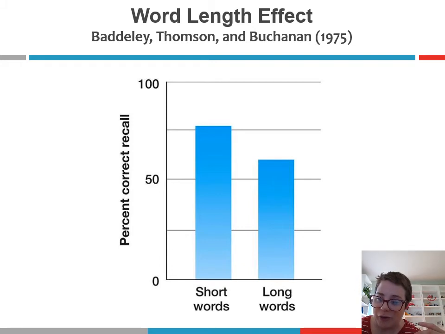We all differ in the speed with which we talk. So individuals who just by chance are faster talkers than others actually show a larger working memory capacity for verbal information than people who speak slower.